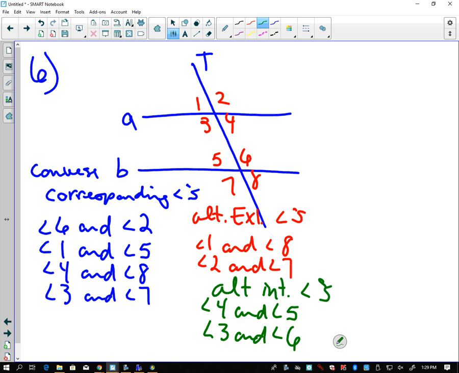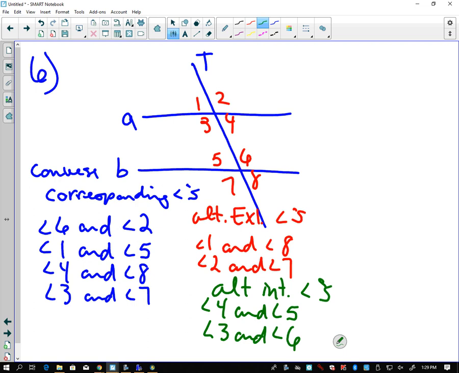So what you have here are the only 3 categories that will work. When you're given this question on the test, they're going to give you 4 or 5 possibilities. Only one of them is going to fit into one of these 3 categories. You'll get vertical angles, you'll get some weird things that aren't corresponding, alternate exterior, or alternate interior.